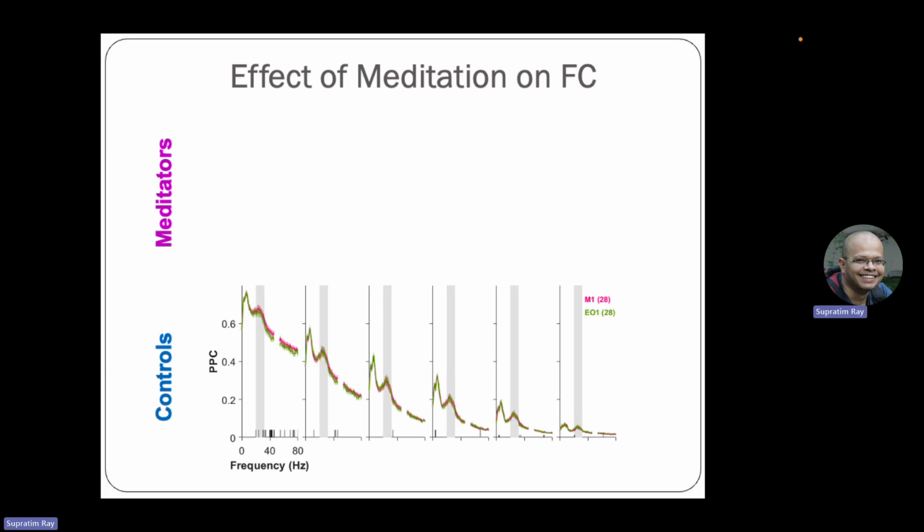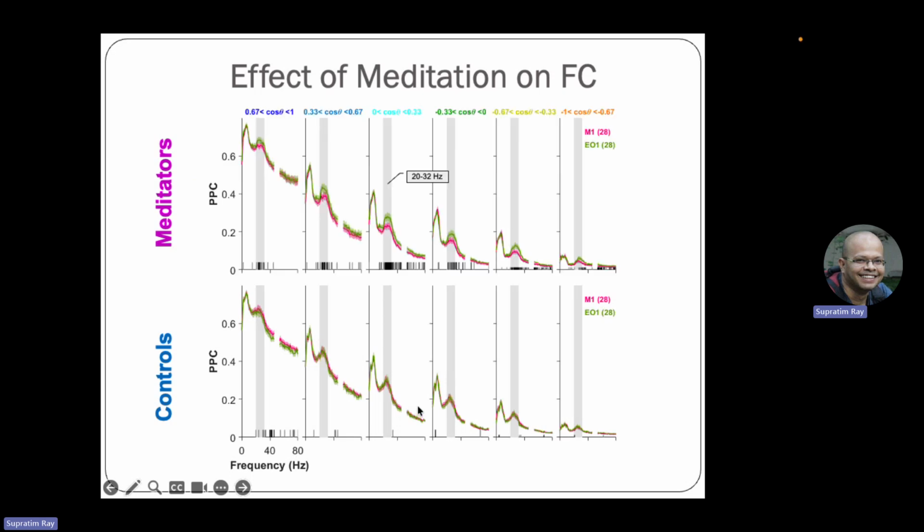So if you just compare the connectivity for meditators and for controls, when they are meditating and when they are keeping their eyes open, there's no difference in the controls. It doesn't matter. But in meditators, it's a very drastic fall. So the meditators actually sort of stop the waves.